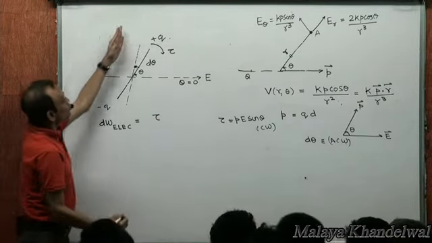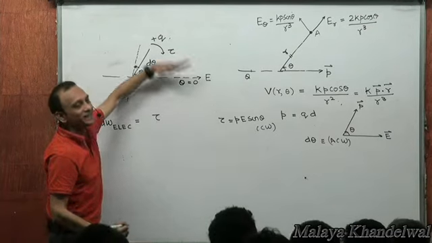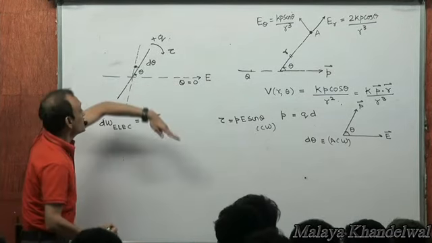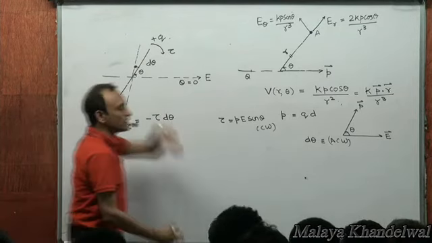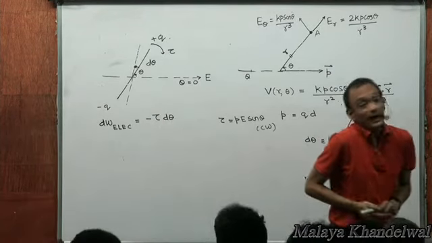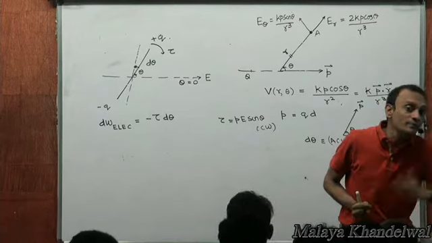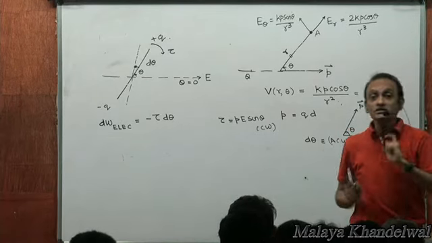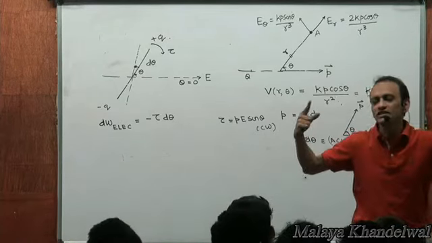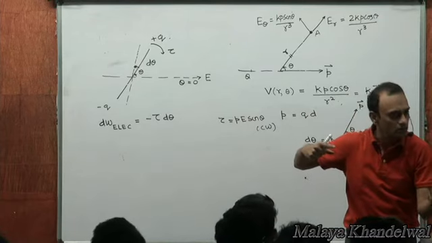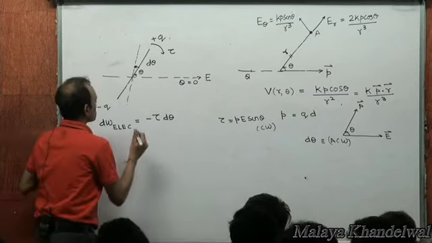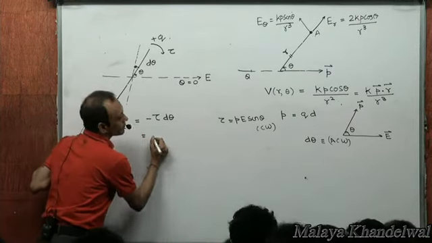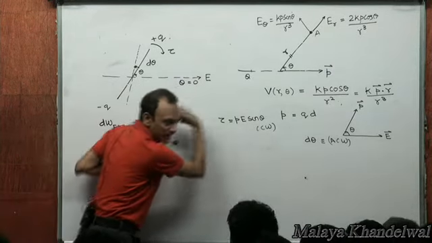Now realize, torque is clockwise, whereas d theta is anti-clockwise. So the work done by this torque would be minus tau d theta, because they are in opposite senses, clockwise and anti-clockwise. Right? Tau is PE sine theta at this instant.